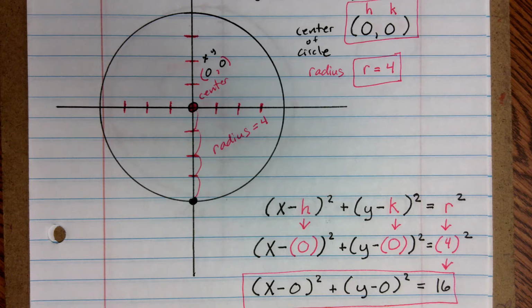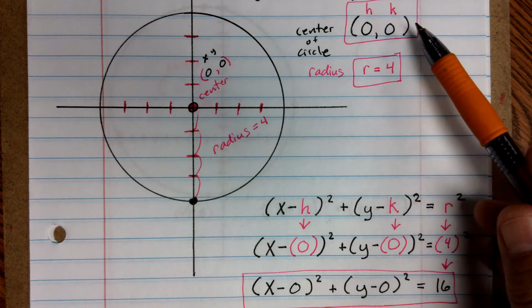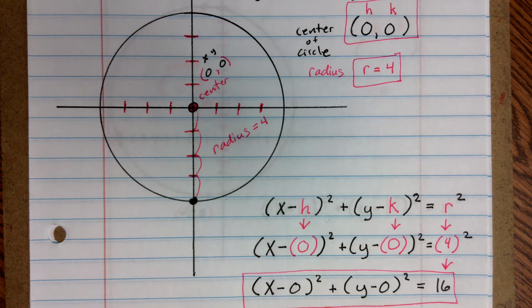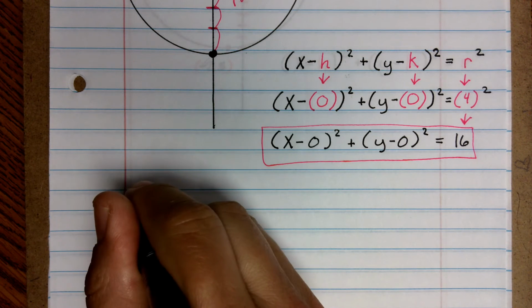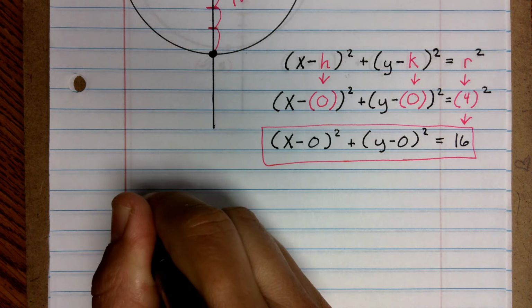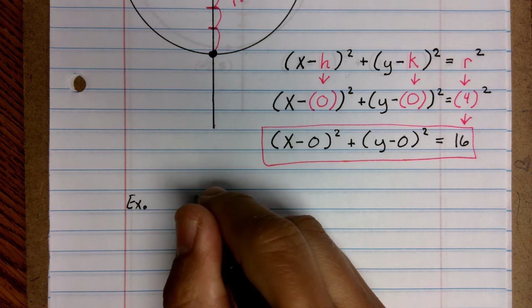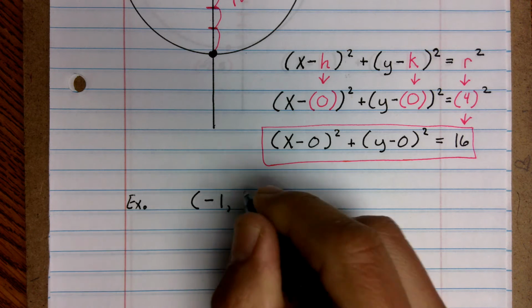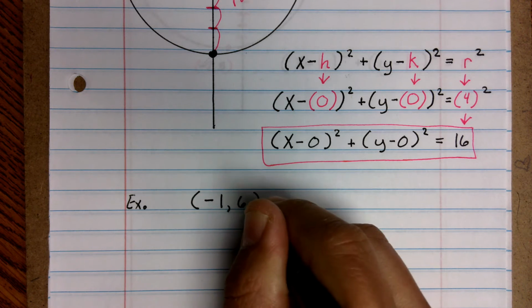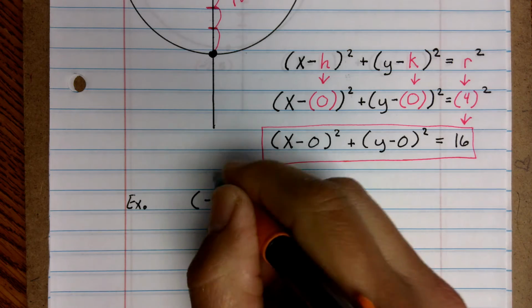Now sometimes we're going to have a situation where it's not on origin and the radius is going to be a different value. So let's just do one more example. So this is example 2 in the same video. Let's say that we were to have -1 and 6 for our h and k.